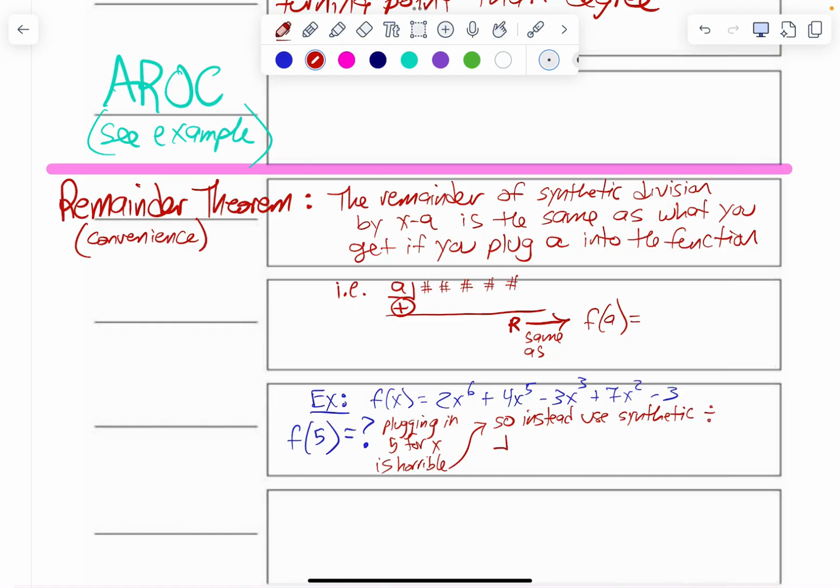Go ahead and set that up. What is a? Well, a is 5, okay? And then we run across here 2, 4. We skipped to the 4th. Negative 3, 7. We skipped x and then negative 3.